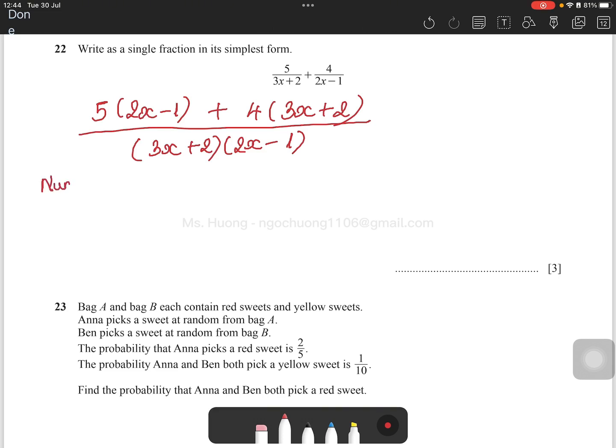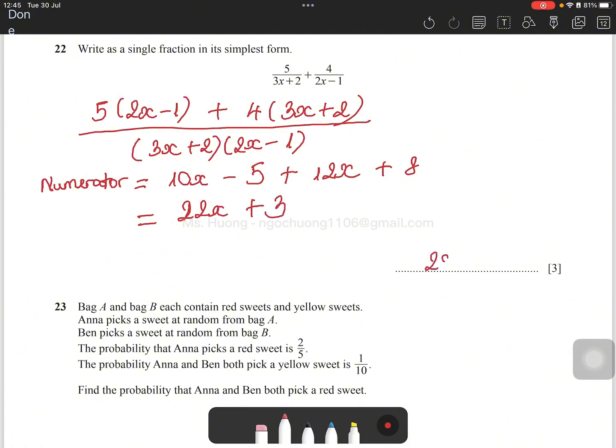The numerator is equal to 5 times 2x is 10x, 5 times 1 is 5, 4 times 3x is 12x, and 4 times 2 is 8. This is the number 5. 10x plus 12x is 22x. Negative 5 plus 8 is positive 3. So the numerator is 22x plus 3. And the denominator is still (3x plus 2) multiplied by (2x minus 1).